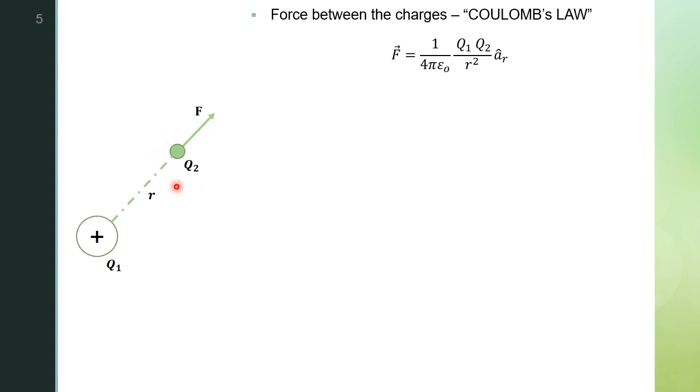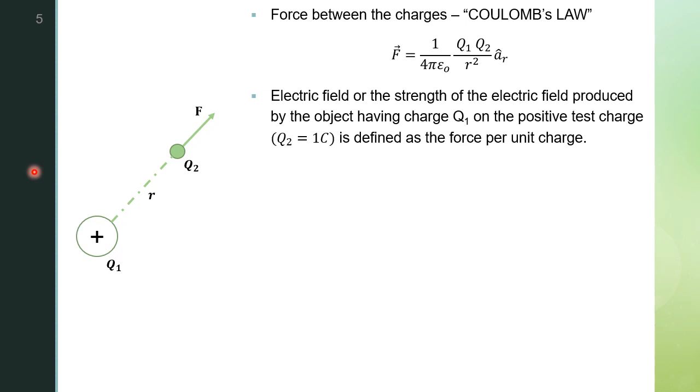Now, if this charge Q2 is made a unit positive test charge, that is Q2 is 1 coulomb, then the value of the force is called the electric field intensity. So the force is 1 by 4 pi epsilon, Q1 by R square, a_R cap.